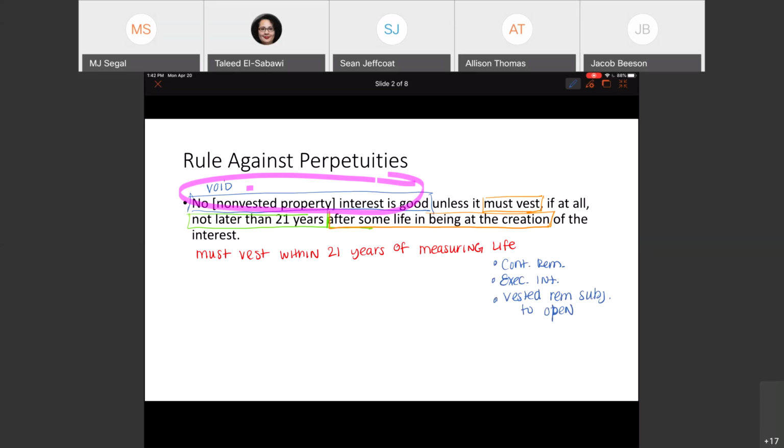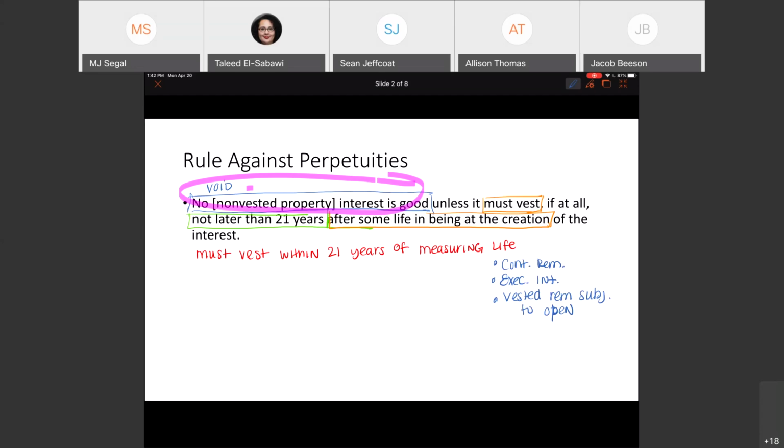Now, vested remainders subject to open are a little bit confusing to grasp. You can also think of them as vested remainders subject to partial divestment. That might help. Your workbook does mention that definition, and the Callie lesson focuses on the definition. And the reason they do is because it might make more sense to you, right?